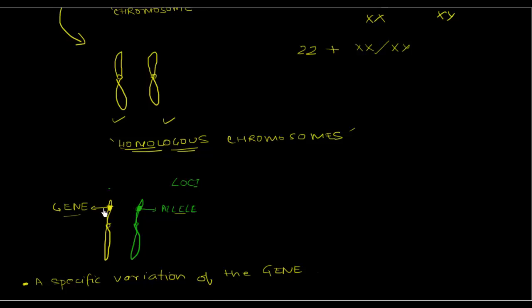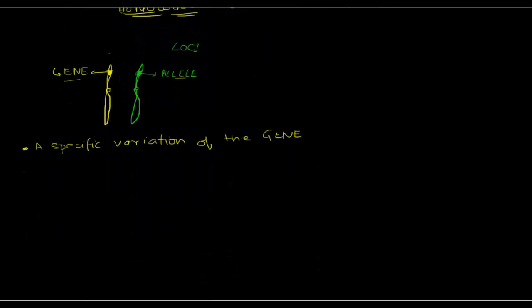Okay, so with that information on genes and alleles, we are now in a position to understand another two important terminologies, which are the dominant gene and the recessive gene. That's the beauty about these genes and alleles. Let's first look at the genes. A gene could be either dominant or recessive.